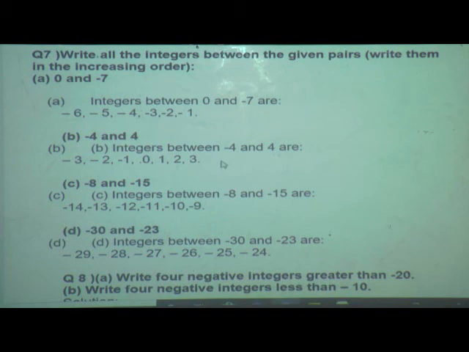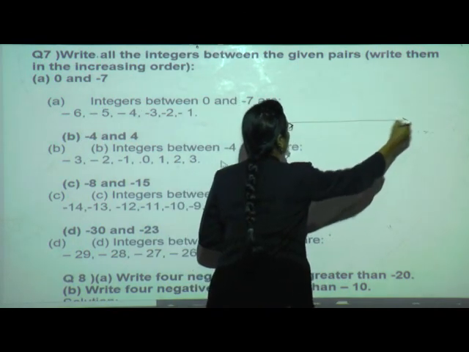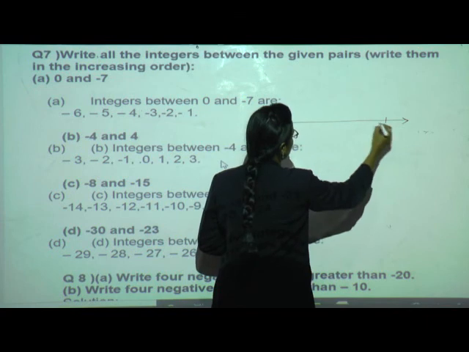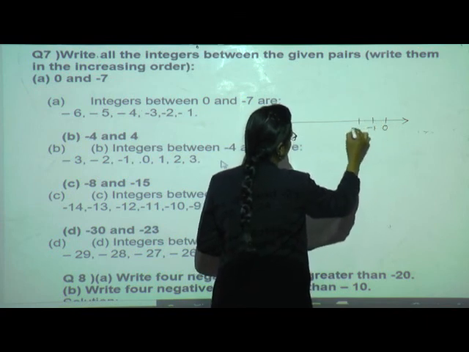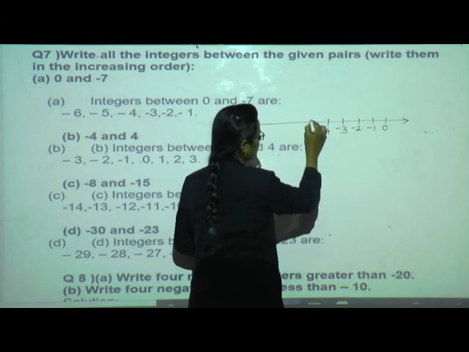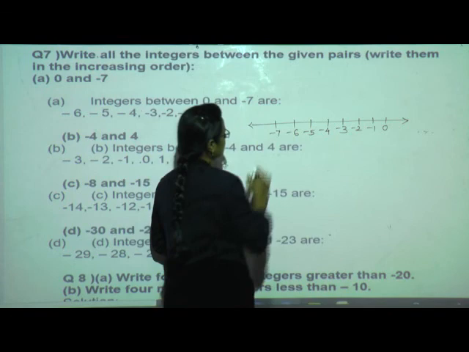See the question, integers between 0 and minus 7. For this we have to draw a number line again, but to write the answer we are drawing this number line in a rough part. So 0, minus 1, minus 2, minus 3, minus 4, minus 5, minus 6 and minus 7.